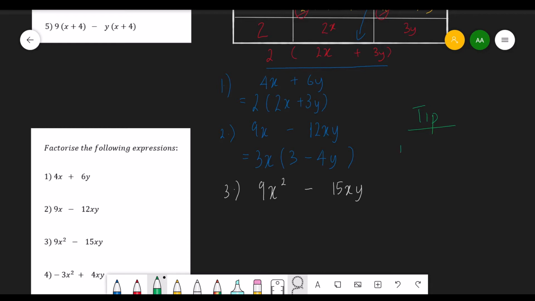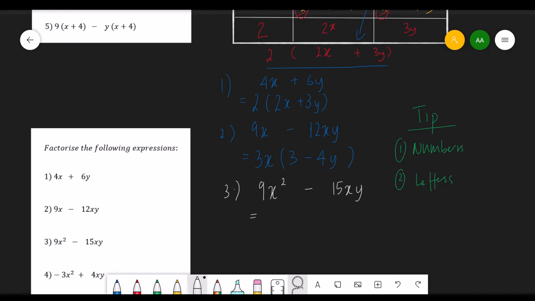I will first compare my numbers, and then I compare the letters. In this way, I won't be confused. I know my steps, what I'm supposed to do first, followed by the next step. I'll compare my numbers and then compare my letters.